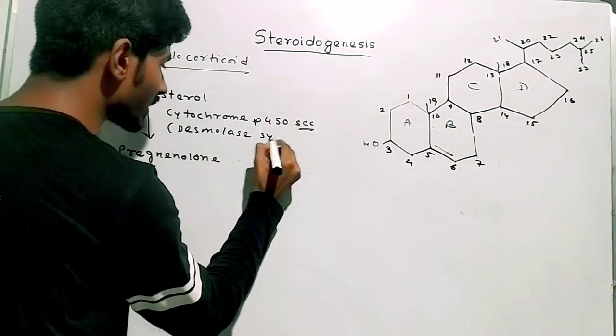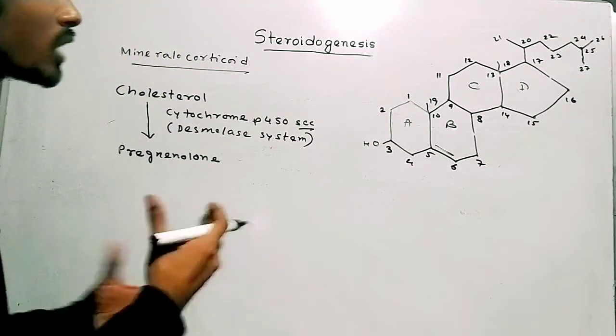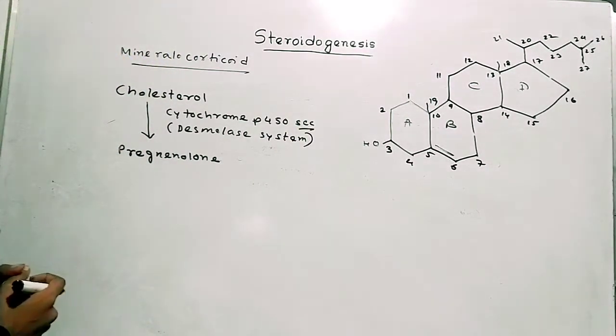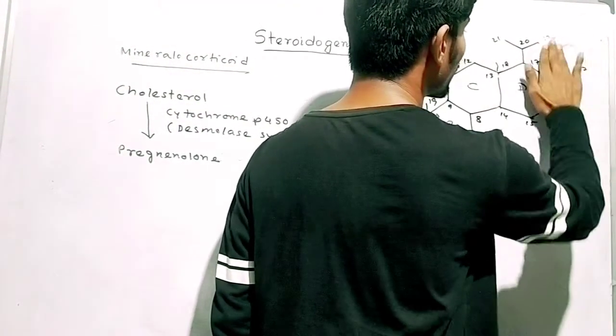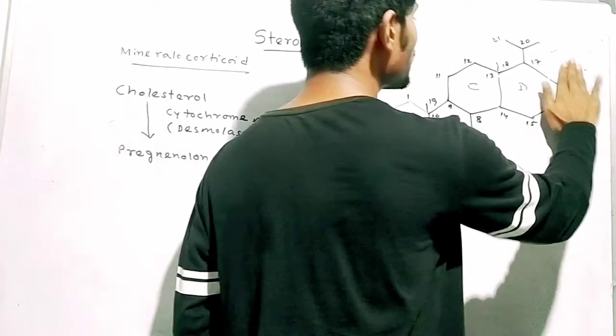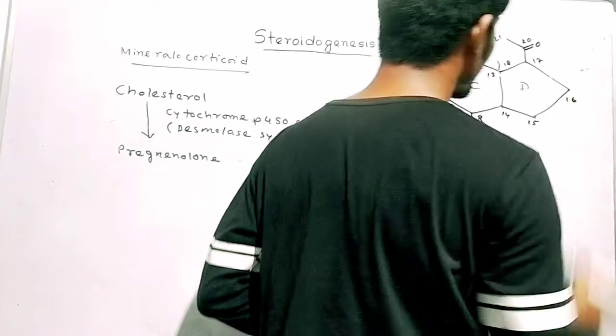Desmolase system. Okay, so just look at the structure of the cholesterol. We are going to derive the structure of pregnenolone by just cleaving this 6-carbon chain, okay, and introducing a keto group here in the 20th position.